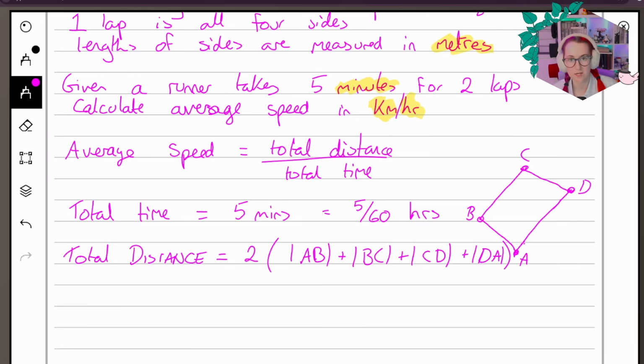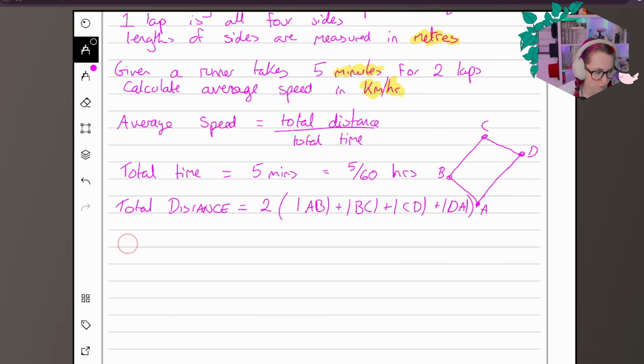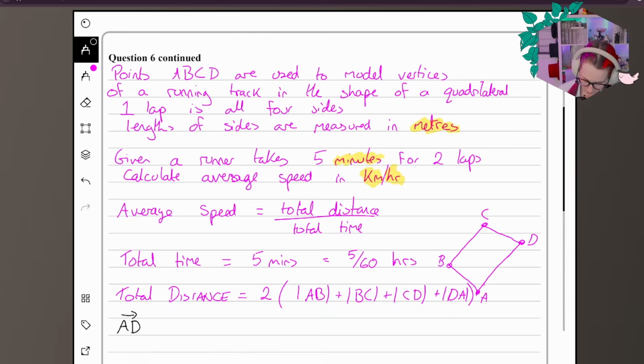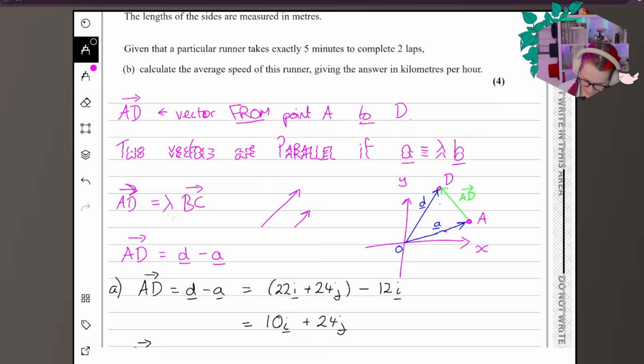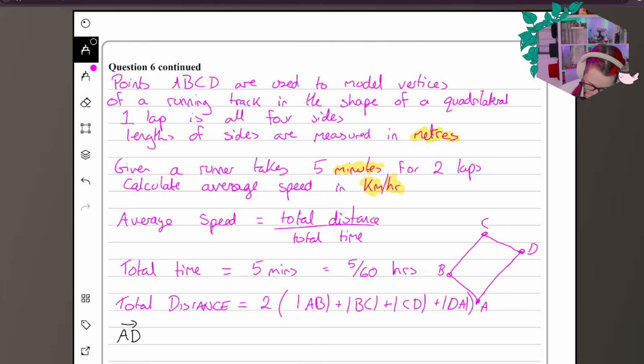Okay, so we need all 4 sides. We have from before AD from our previous answer, so we can nick that one. So that was 10i plus 24j.